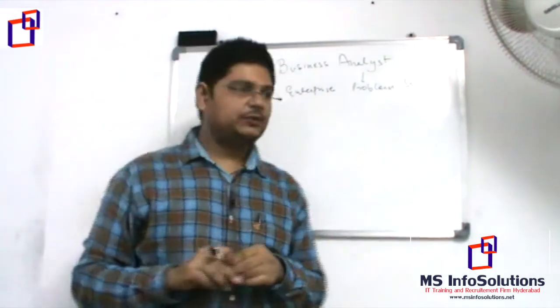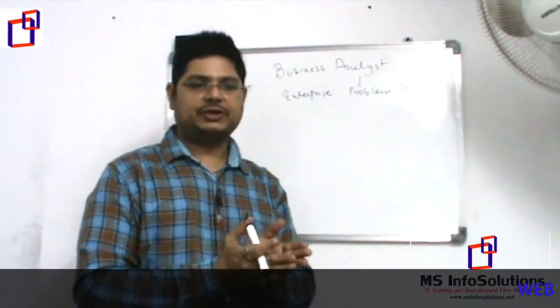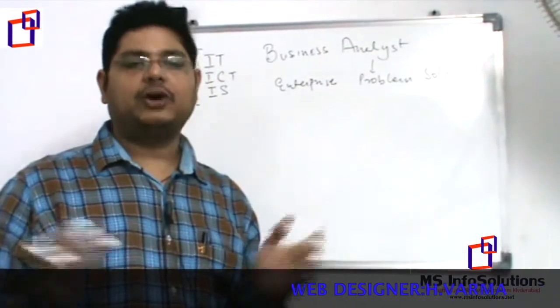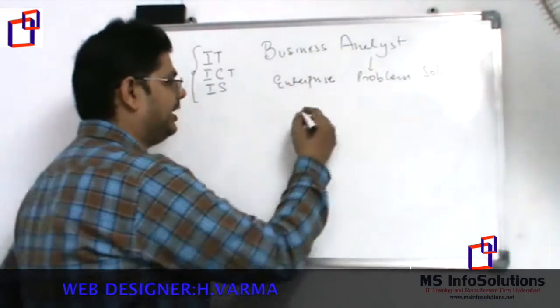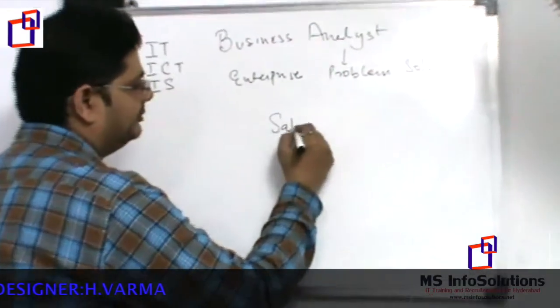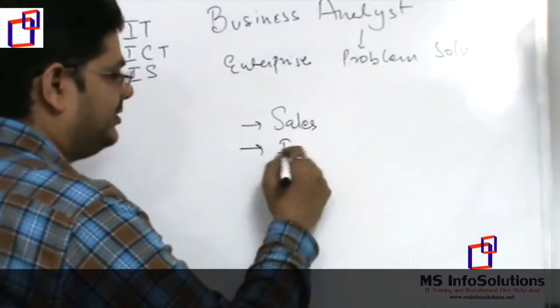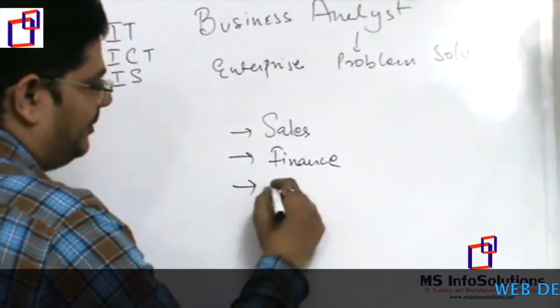So we have to solve the enterprise problems, because every enterprise is made up of a lot of areas. For example, in every company we will have some kind of sales department, some kind of finance department, some production.